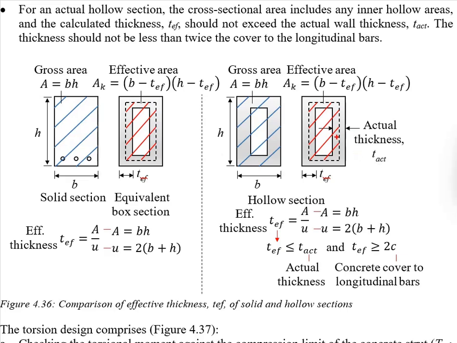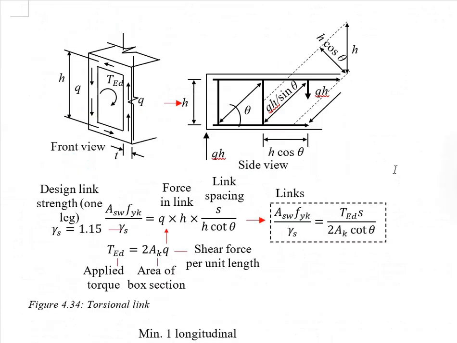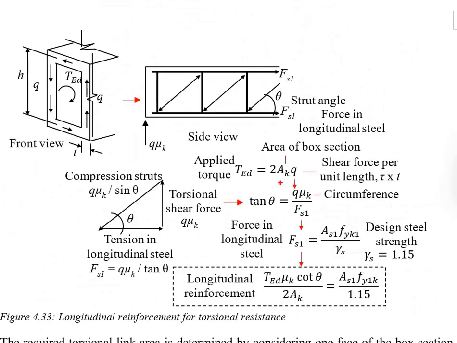In the case that your actual thickness is thinner than the effective thickness, if you use the actual thickness, that will give you a higher effective area. This might lead to a situation where you overestimate the applied torque.